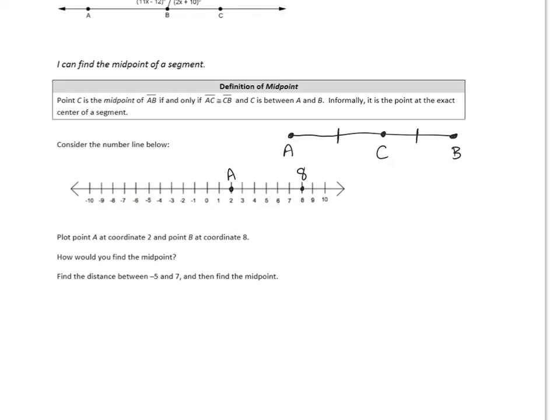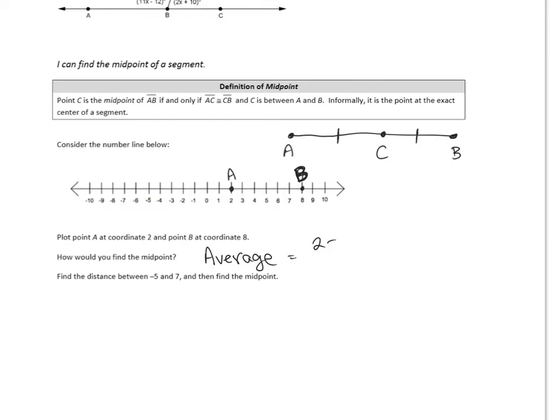Maybe I should actually have labeled that B, not 8, because I'm a little tired. There we go. I personally think it's always easiest to find the average, because if my numbers get funky, I'm not counting ticks. I'm relying on something that's easy for me to use. So I'm going to use the average of my two, and if you remember, to find an average, we simply add them and divide by the number of terms.